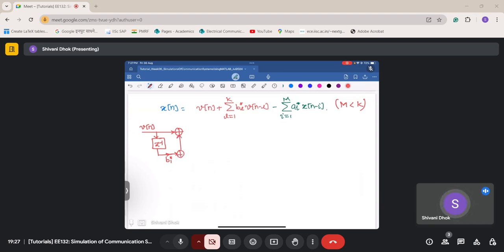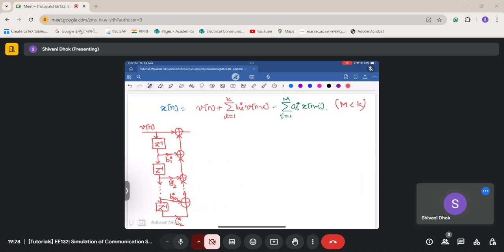Same thing what we had done earlier. Then we will have z inverse, b2 conjugate, and you can add it here, and you can repeat the same thing k times. So this will be b of k minus 1 conjugate, and this is b of k conjugate.